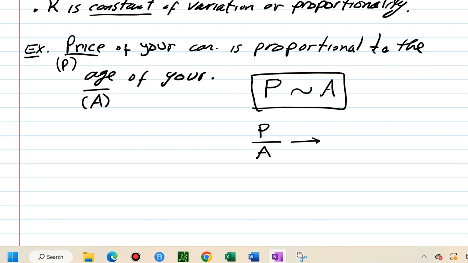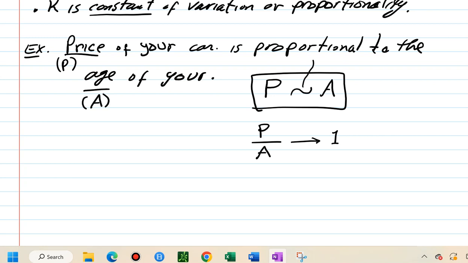It becomes 1. Or if you do A divided by P, it doesn't matter. So that's what proportionality means. So I'm using this tilde as a proportionality symbol.